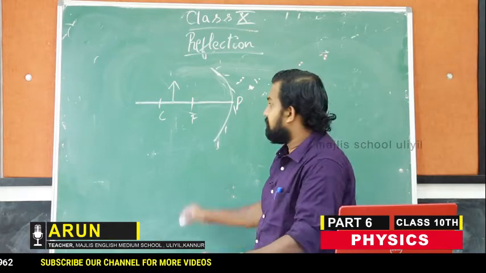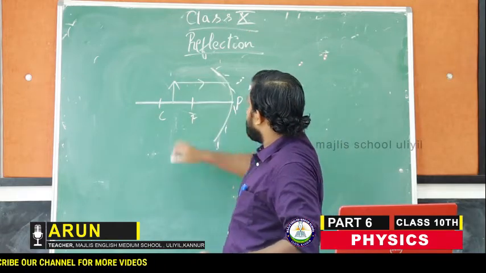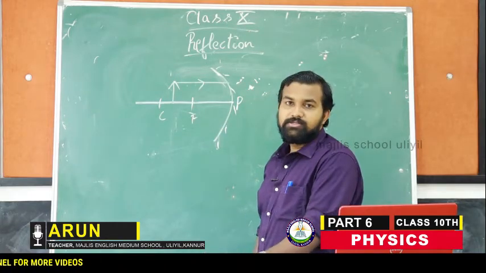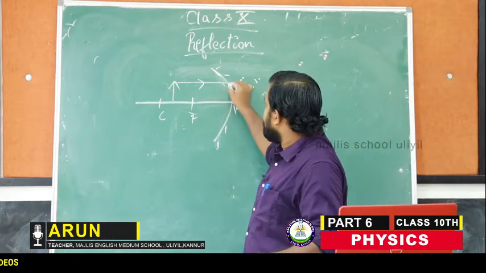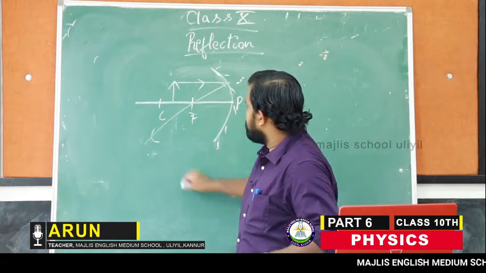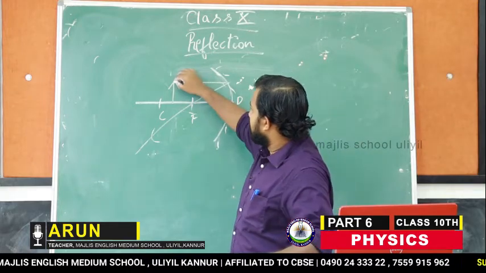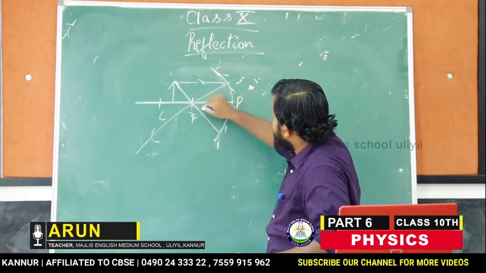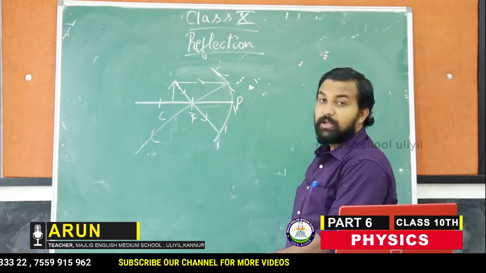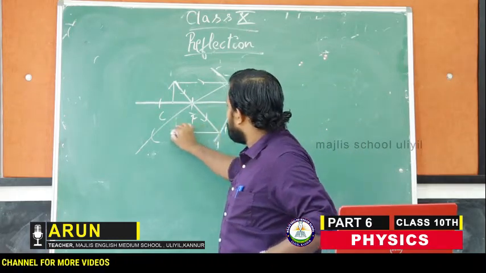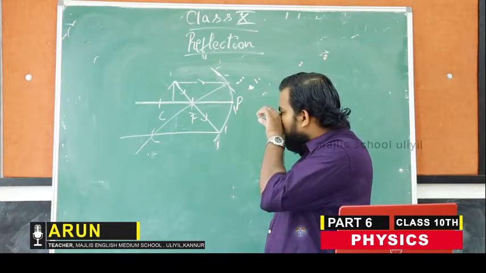So what will happen? One ray will be coming parallel and it will pass through the focus. The other ray I am taking coming through the focus, it will move parallel to the principal axis.